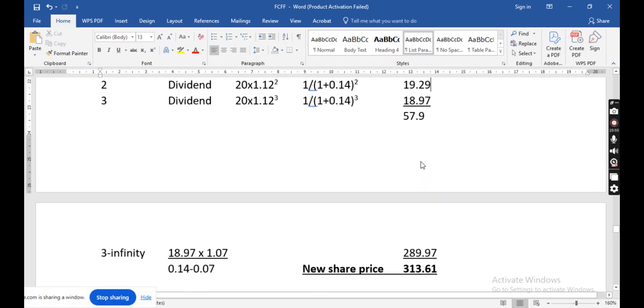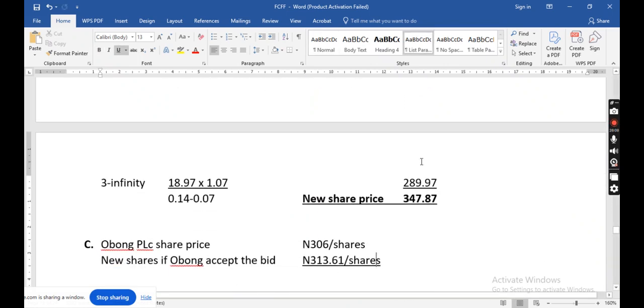So what do you have here when you add it? 347.87. So what is the increase? What is the difference? 41.87.